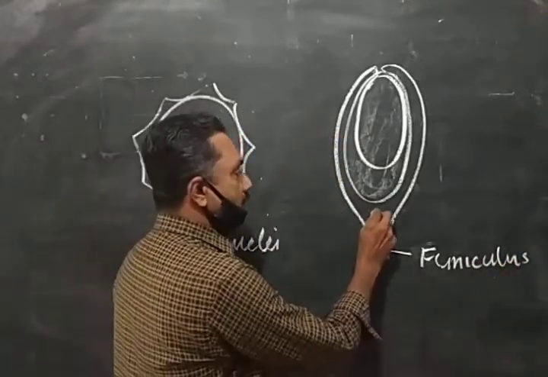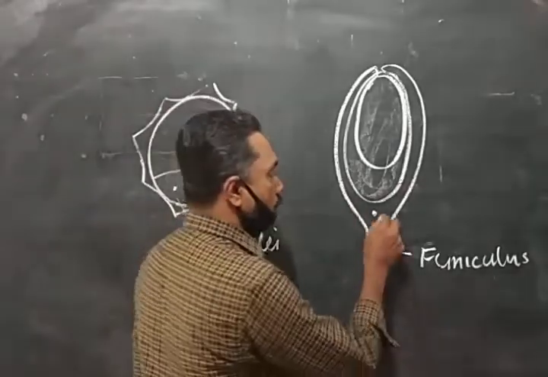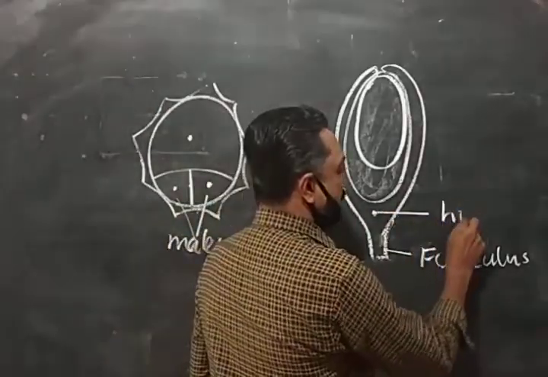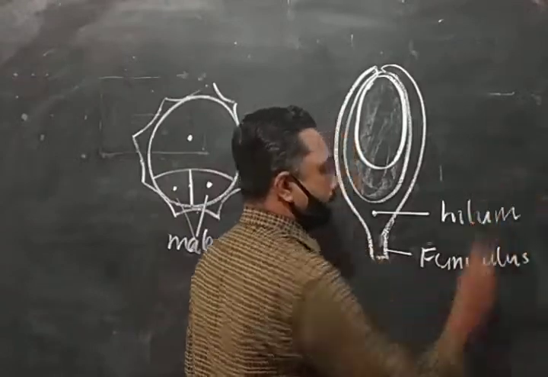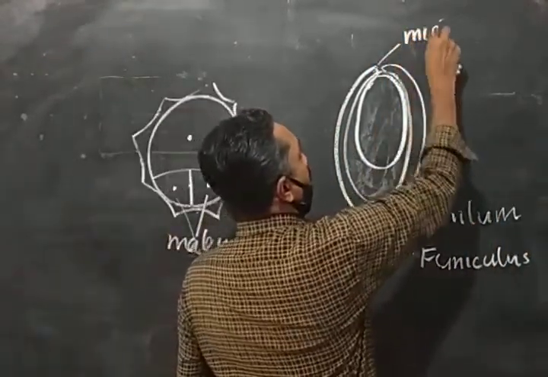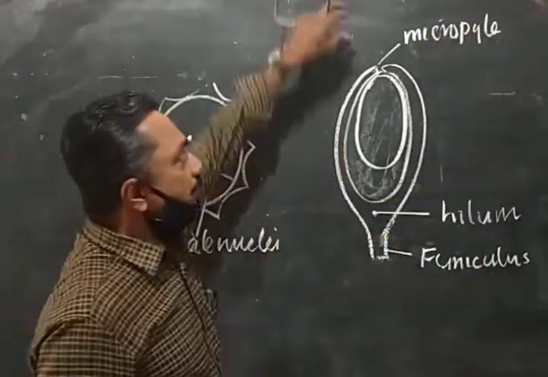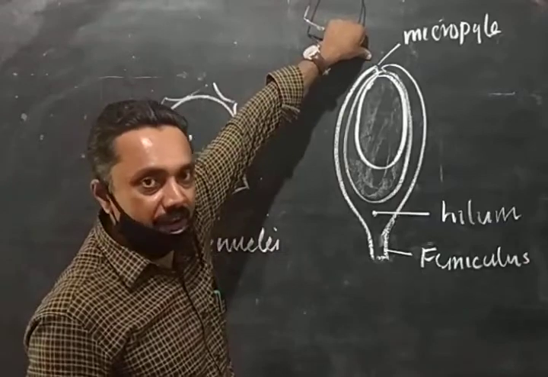The point where the funiculus joins with the nucellus or ovule is called hilum, and at the opposite end there is an opening called micropyle, and this end of the ovule is called the micropylar end.